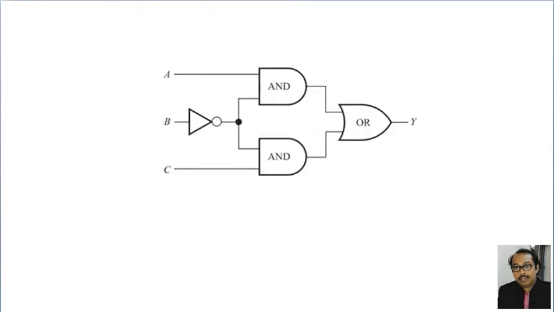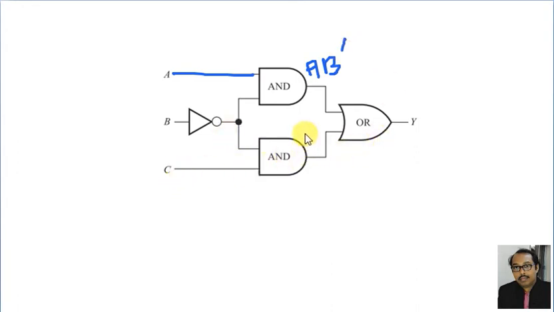Okay, one more problem. What is the value of this one? This is A, this one is B, and this one is B bar. What is the value of this? This is A B bar.